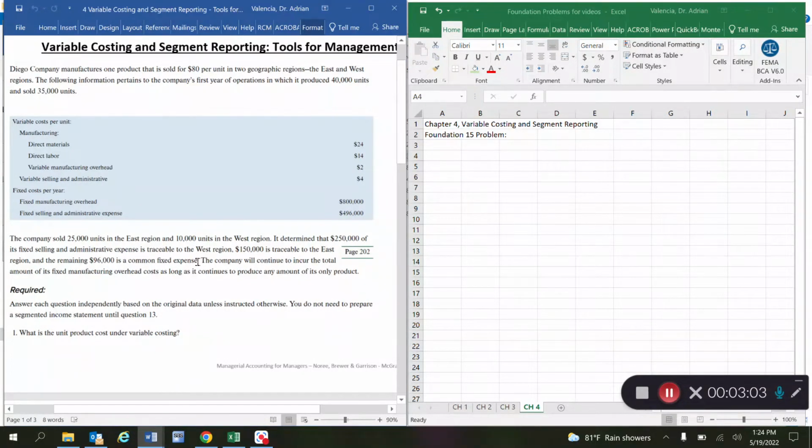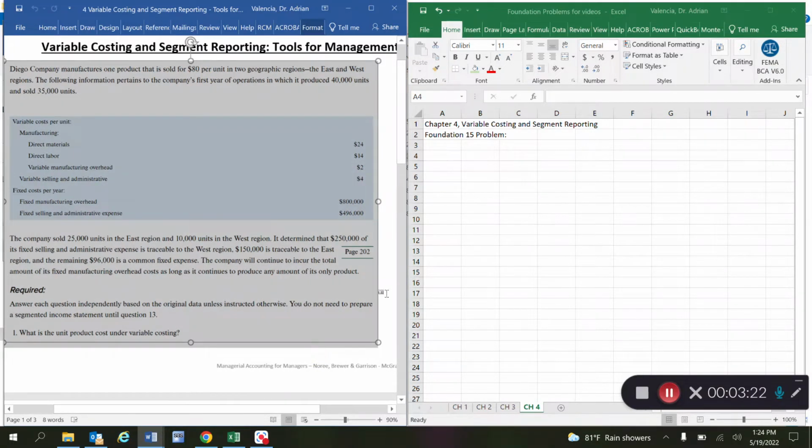The company will continue to incur the total amount of its fixed manufacturing overhead costs as long as it continues to produce any amount of its only product. So in other words, even if we get rid of a line, either West or East or whatever the case may be, we still are going to incur 496 of fixed cost.